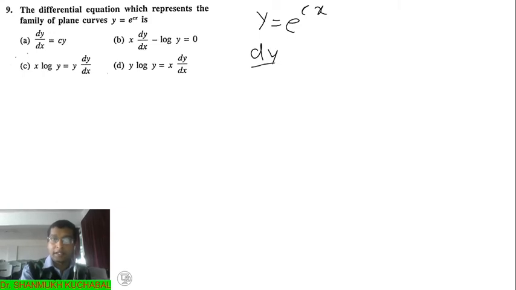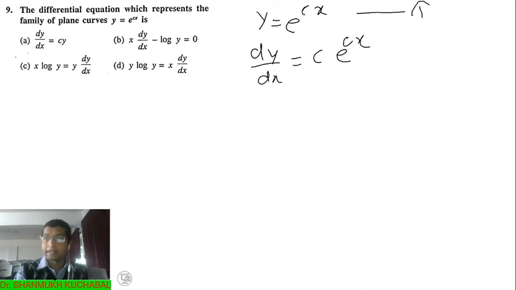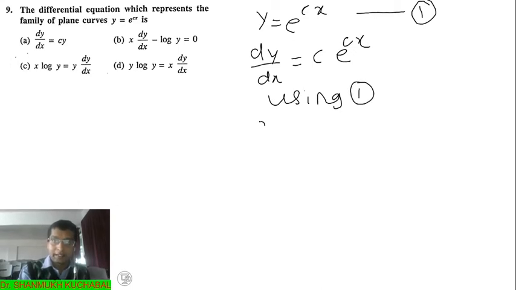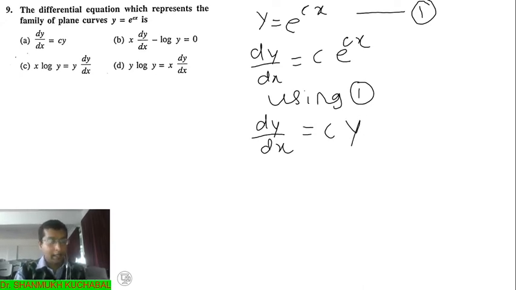So we get dy by dx equal to c times e raised to cx. I call it equation 1. So using that, dy by dx is c, e raised to cx, and from equation 1 we can write it as y.